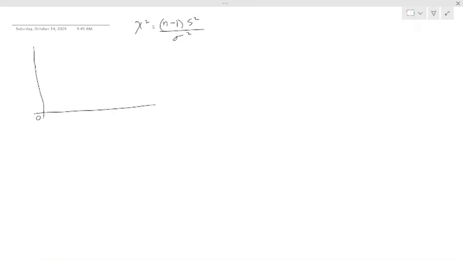Again, I'm going to write down the formula for chi-square as n minus 1 times s square divided by sigma square. Then I'm going to draw the curve and indicate the 1 minus alpha percent CI limits under this positively skewed curve.